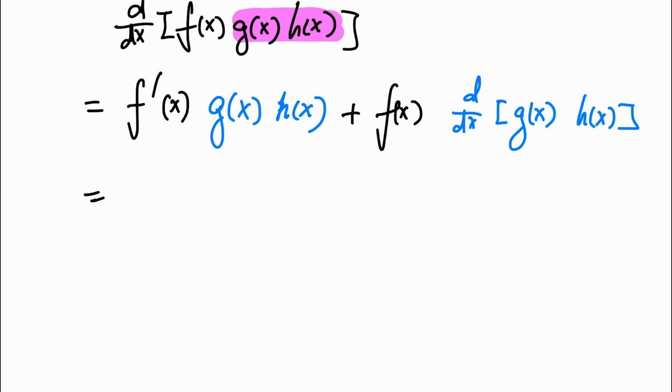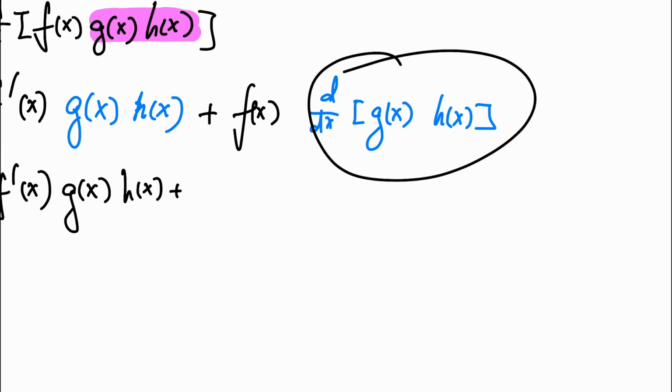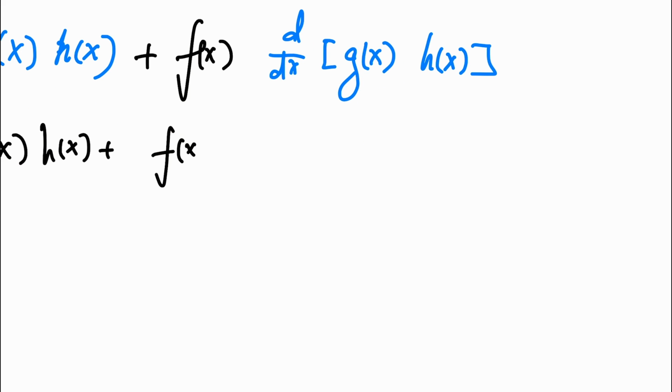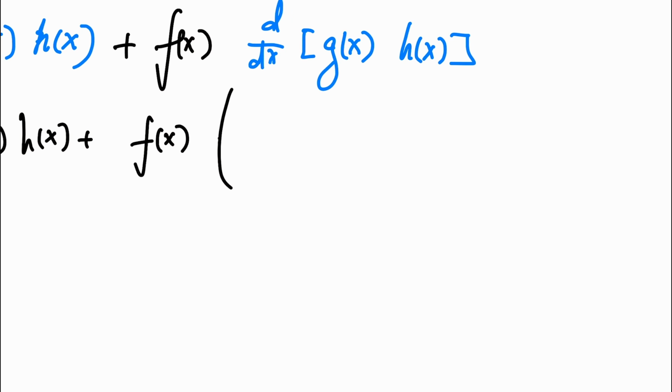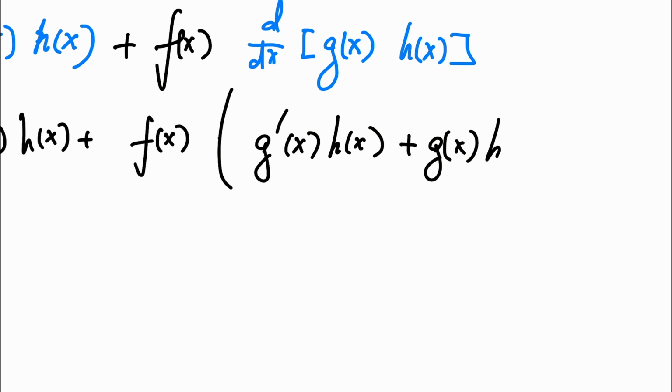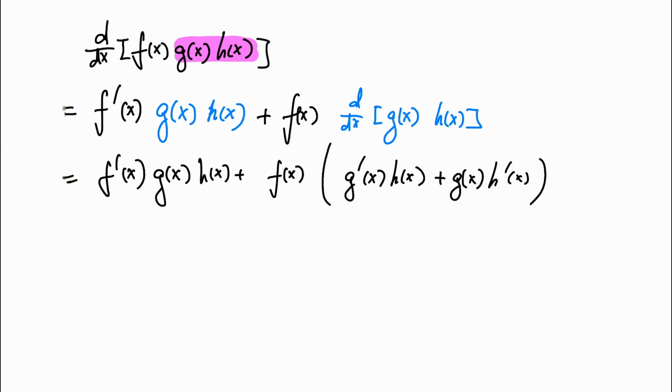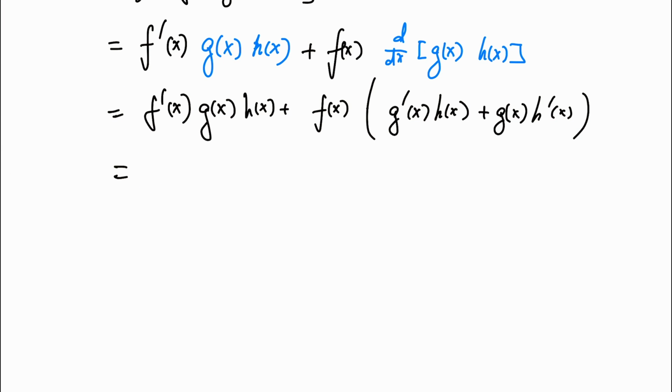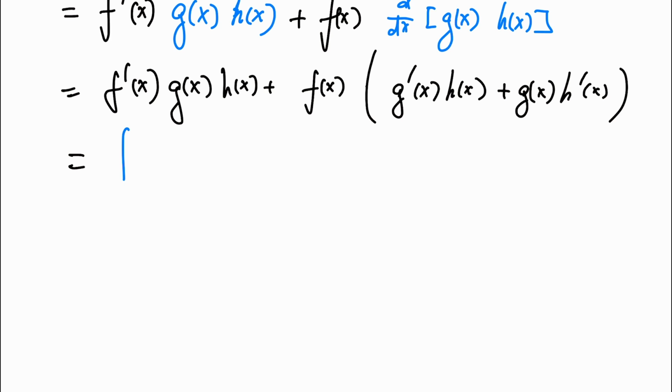In our expression, we can just write the first part as f prime of x times g of x times h of x. In the second part, we need to use the product rule again. That will be equal to f of x times what we have in here, which is g prime of x, h of x, plus g of x, h prime of x. We can just multiply it out, and let's write it like this with color so that you can see the expression a little bit more.